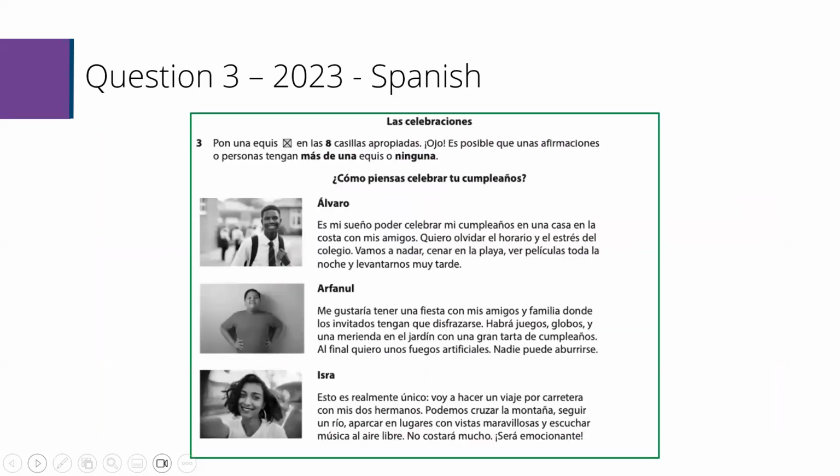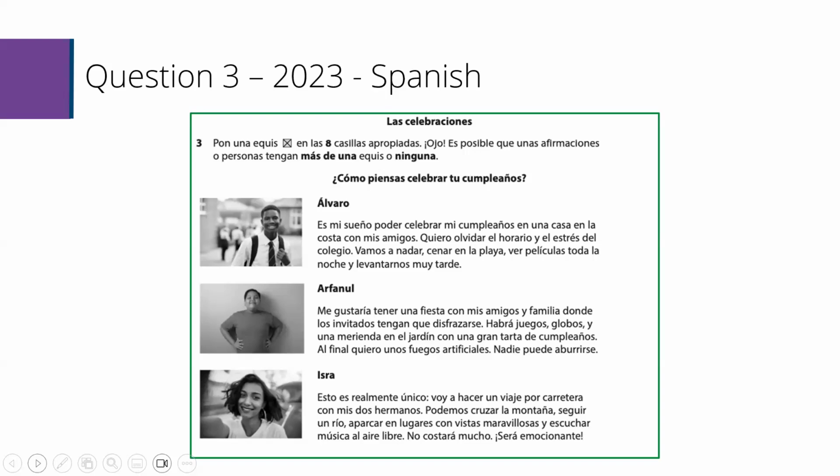So now, thinking about some of the question types and giving you an idea about them, question 3 is going to be an objective question. Notice candidates are given this title, so they know what they're reading about. They're going to read the comments from 3 different people. And this is a Spanish example here.